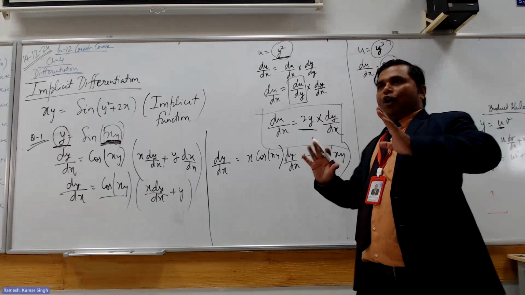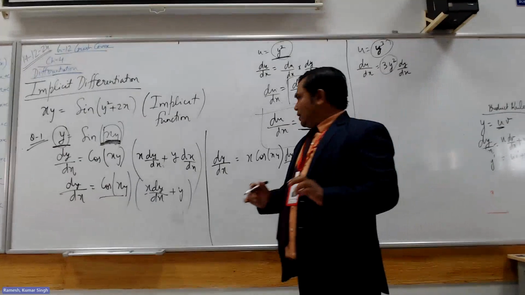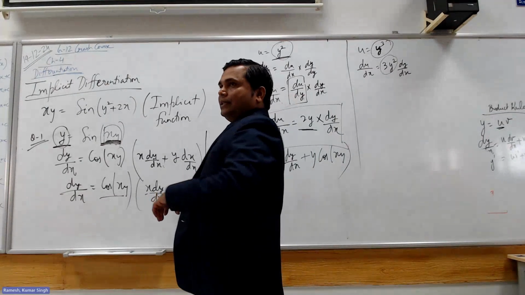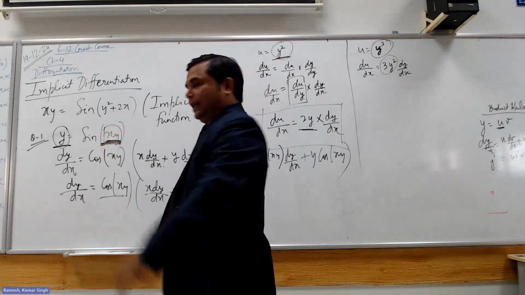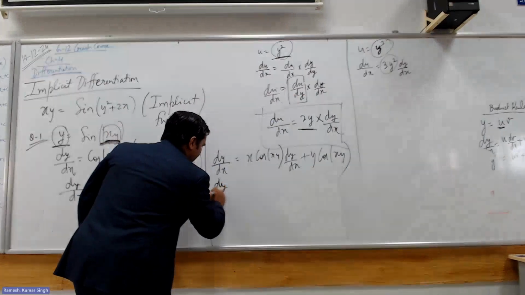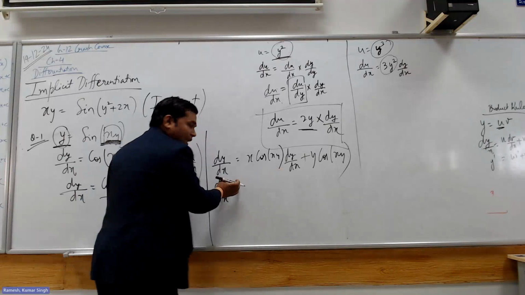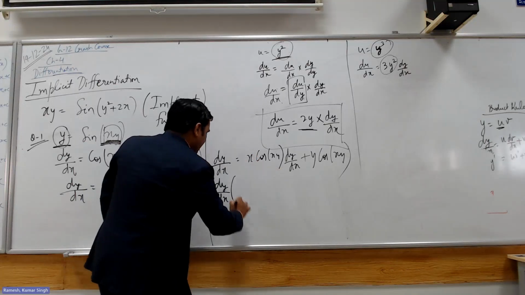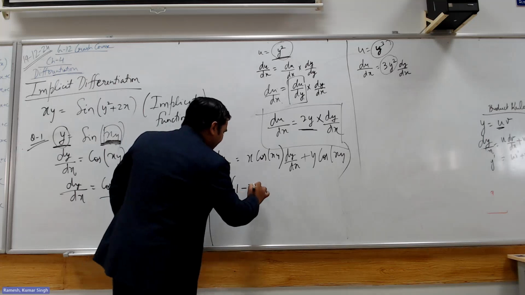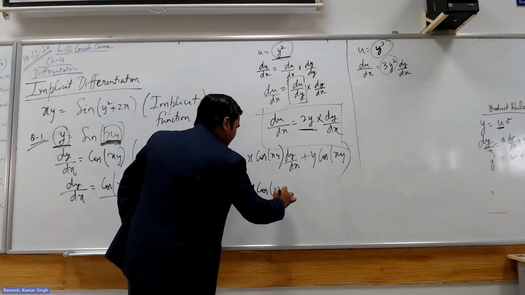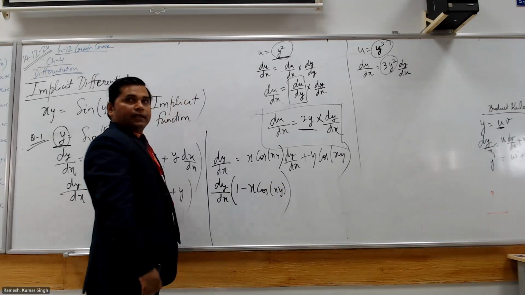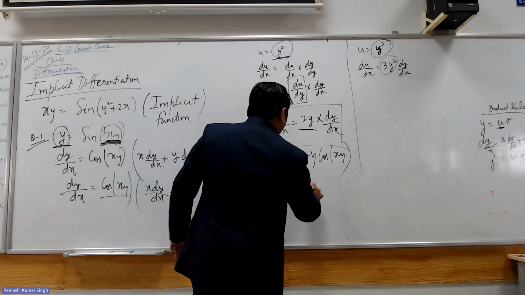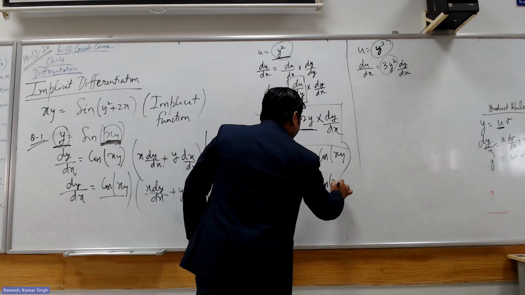We want to find dy over dx, right? Here is a dy over dx, and here is a dy over dx. We will bring them to one side. So dy over dx, you bring it to the left, it becomes negative. So 1 minus x cos xy, clear? That is equal to y cos xy.